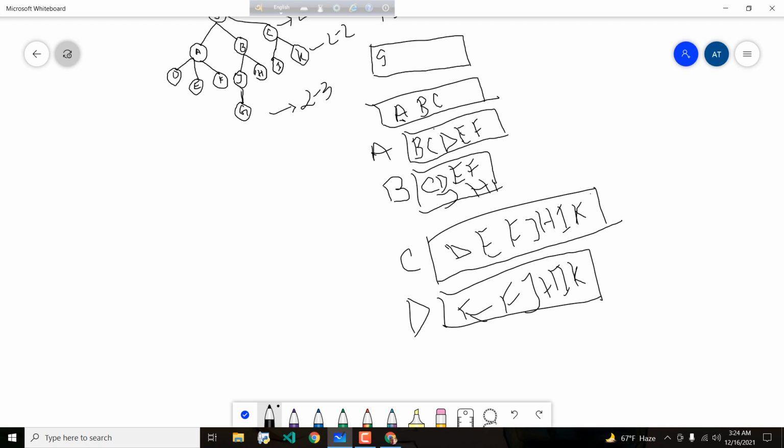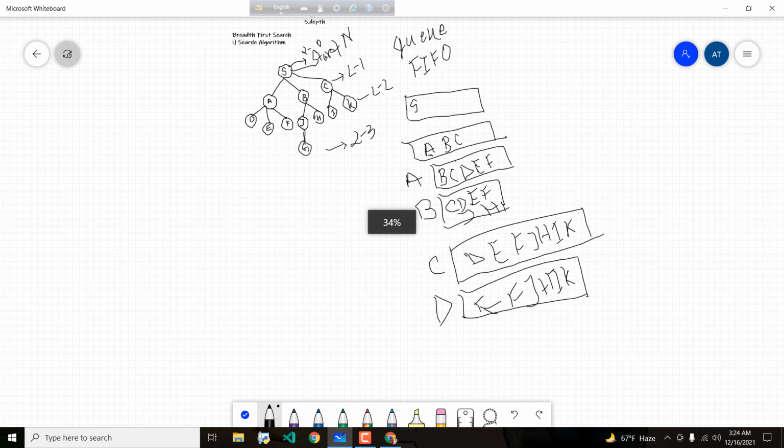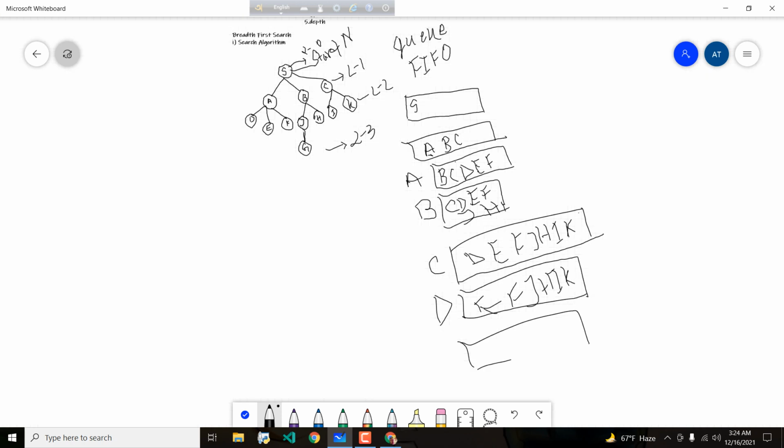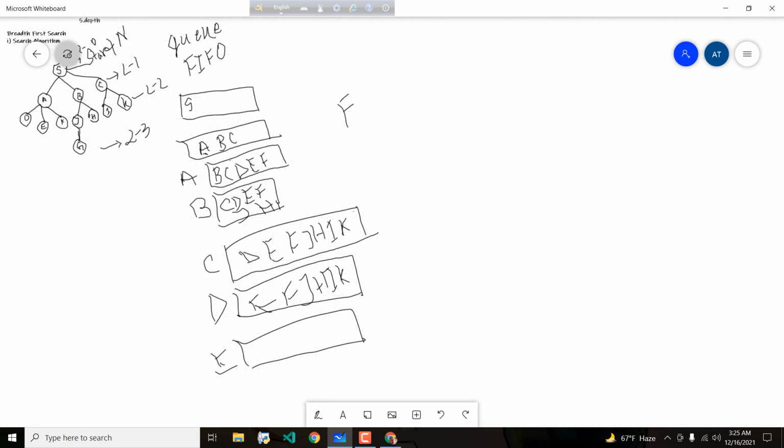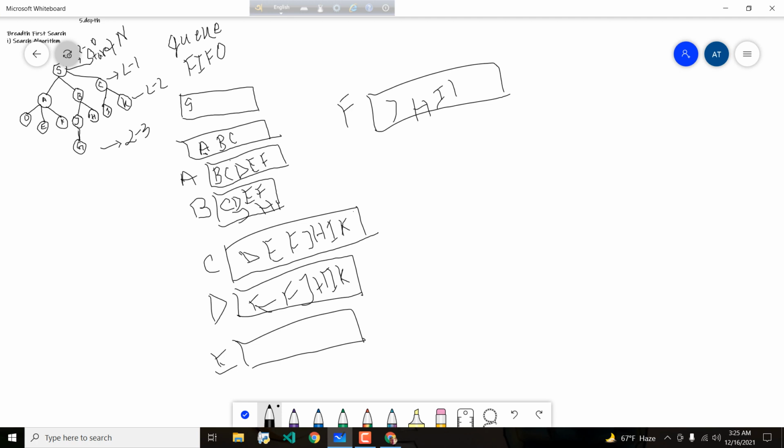E doesn't have any children, F doesn't, so we will expand E and F, and this would be as it is. E is expanded, F is expanded, and the fringe has J, H, I, and K. I'm sorry for my handwriting.